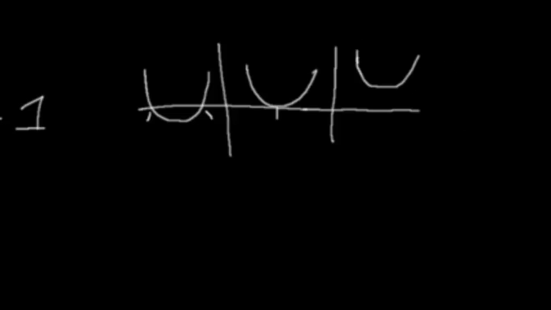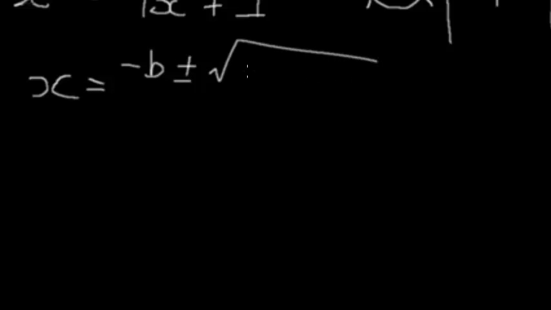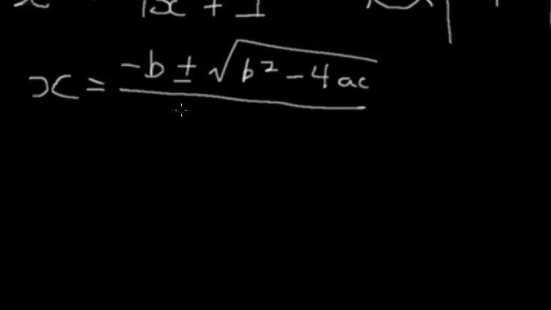So basically, the quadratic formula is x equals negative b plus or minus the square root of b squared minus 4ac, all over 2a. See, I remember it.